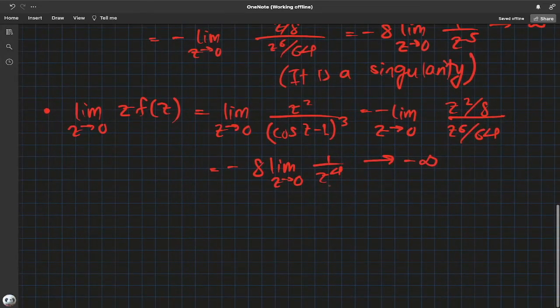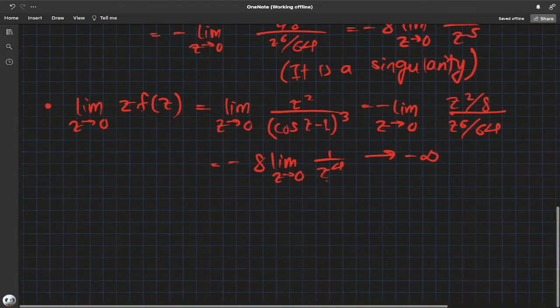So it's not a pole of order 1, it's something higher.